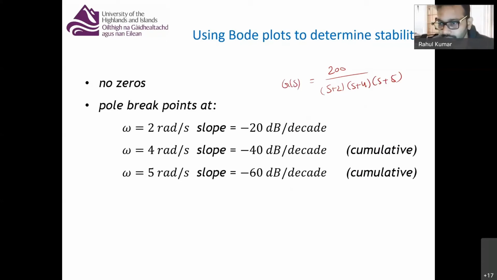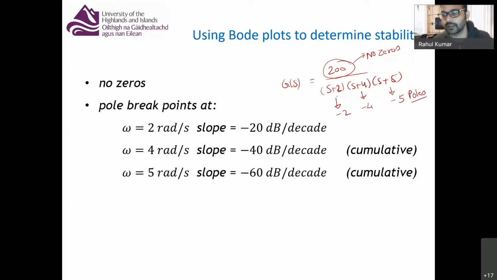I find the values of poles and zeros. There will be no zeros because in the numerator you do not have any s terms. For the values of pole, the first pole I'll get at -2, the second pole will be at -4, and the third pole will be at -5.